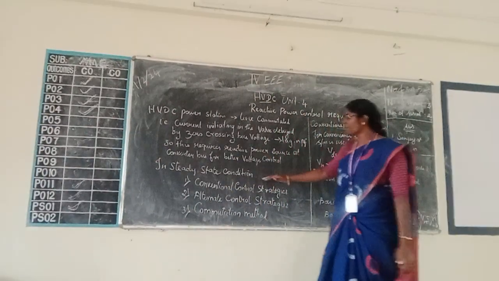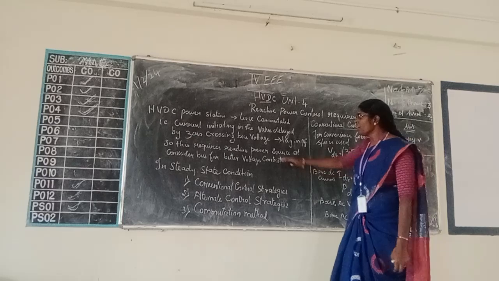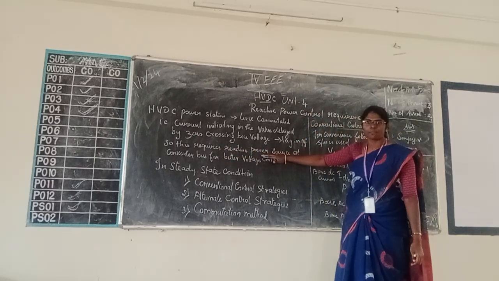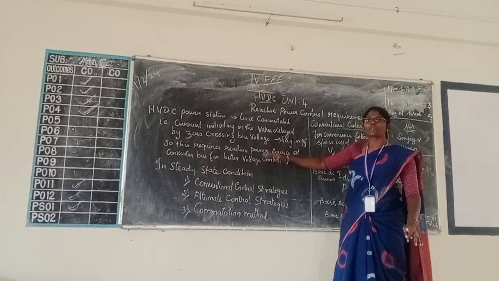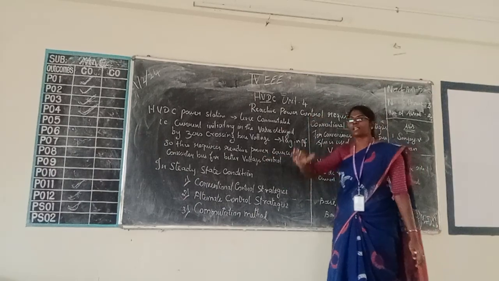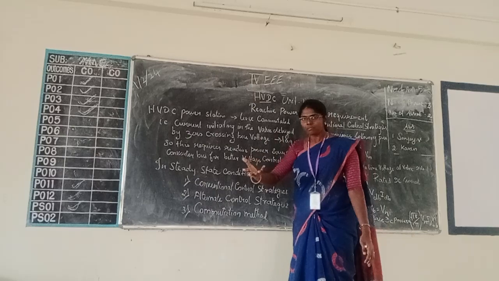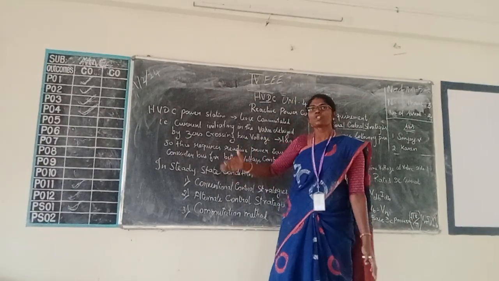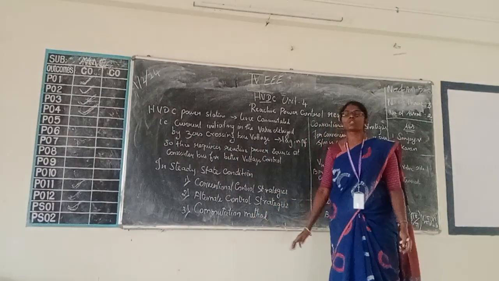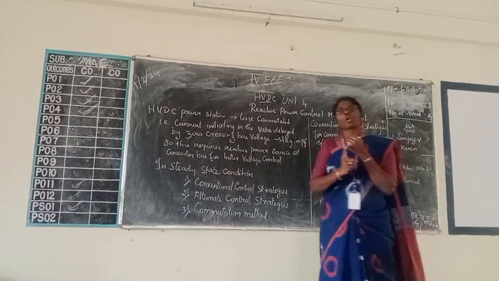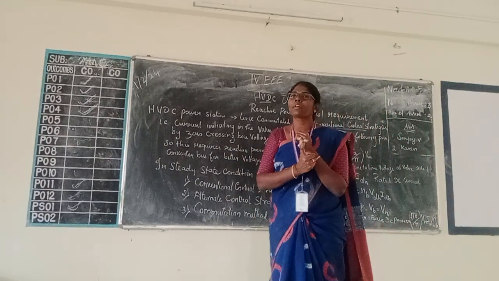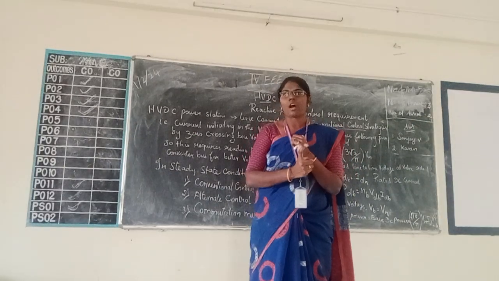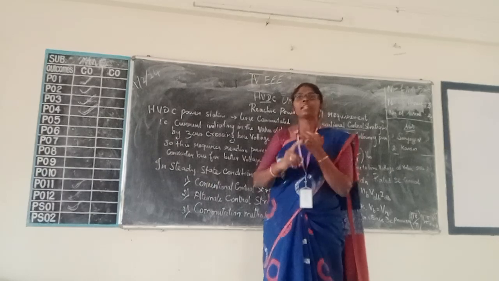For that purpose, we are going to compensate the reactive power with a source. There is an unwanted lagging reactive power, and we have no need of it, so I am going to compensate it. What is the unit for reactive power? VAR, volt ampere reactive.